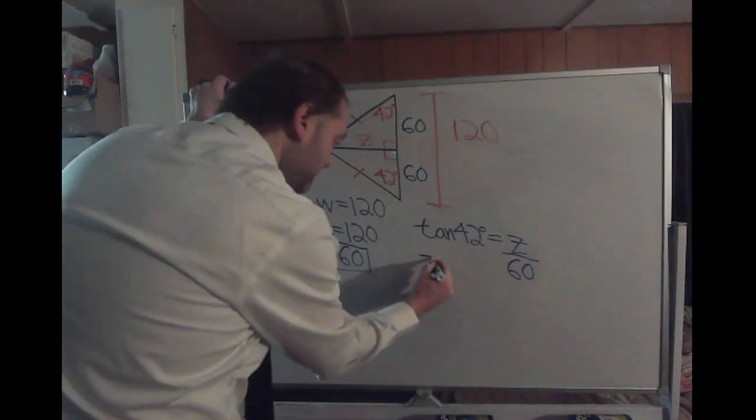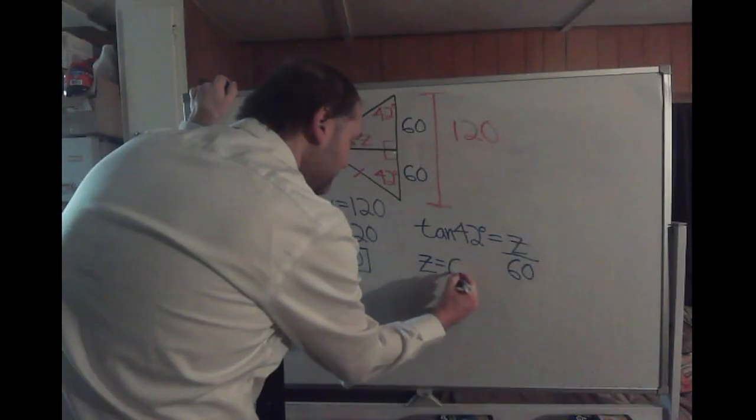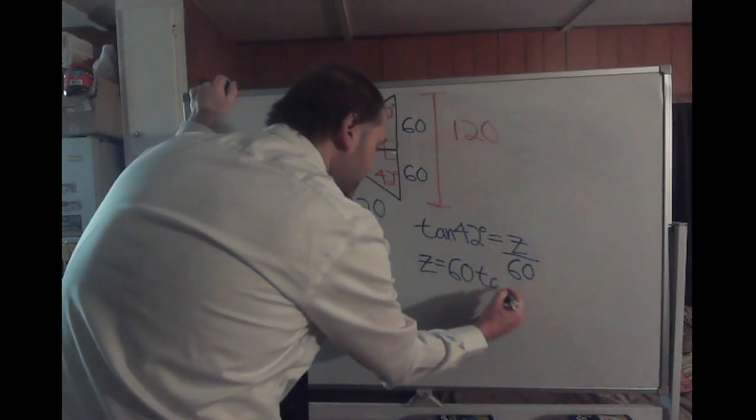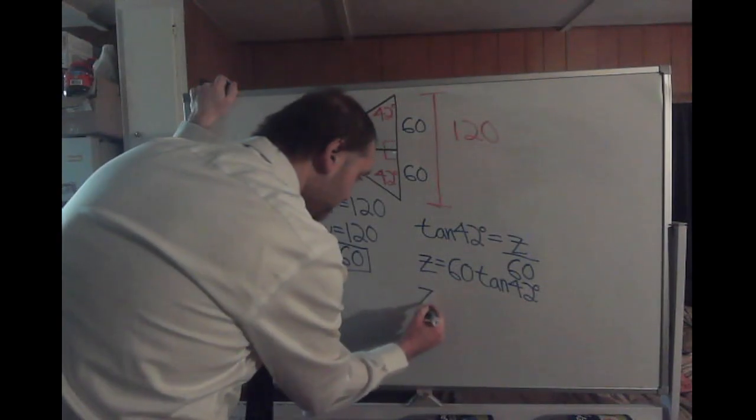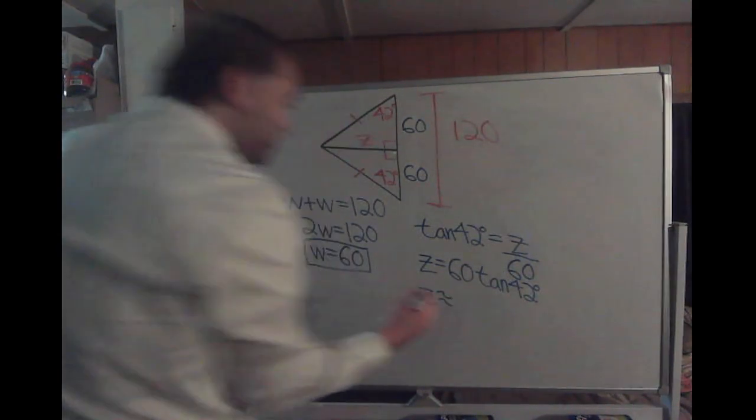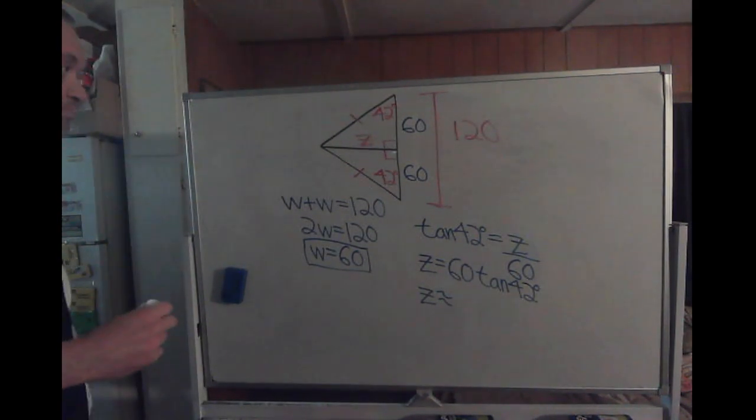Which then means Z is equal to 60 times the tangent of 42 degrees, which then we'll get a decimal approximation to 2 decimal places.